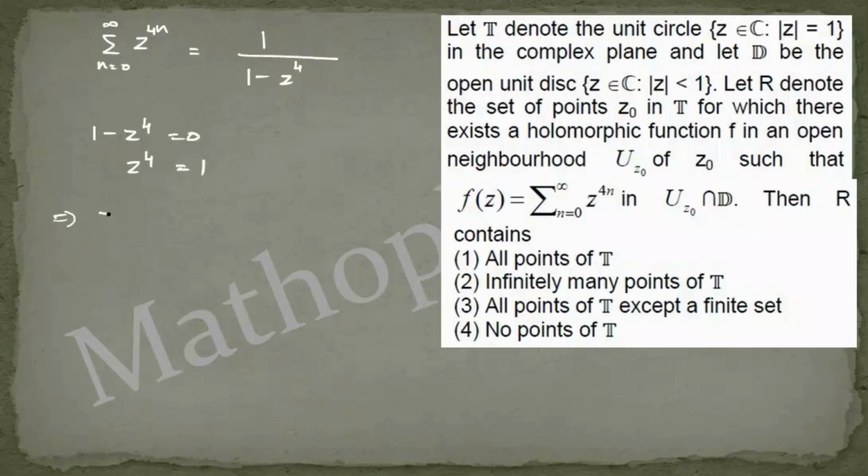So this implies z can take values 1, minus 1, i and minus i, which belong to T. So except these 4 points, the function will be holomorphic everywhere. So since it is holomorphic at all points other than these 4 points, at infinitely many points of T and all points of T except a finite set, the function is holomorphic. So therefore option 2 and 3 are correct.